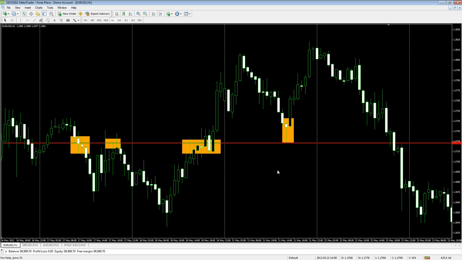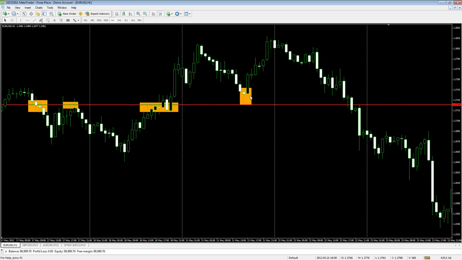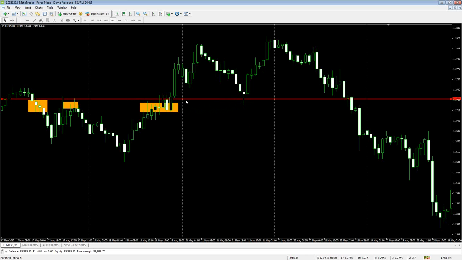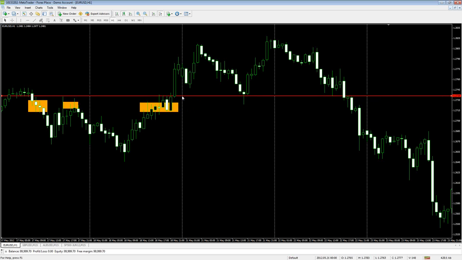But if you weren't sure about this area, you can still look for reversal candles, and this candle here with this long wick, closing above these candles, we can see all these candles here.